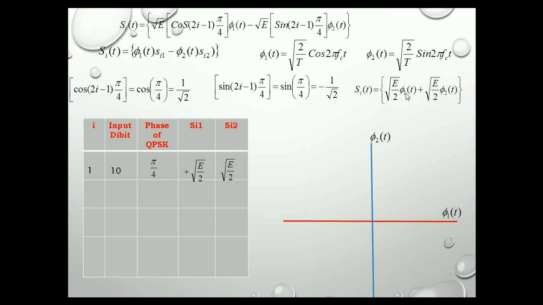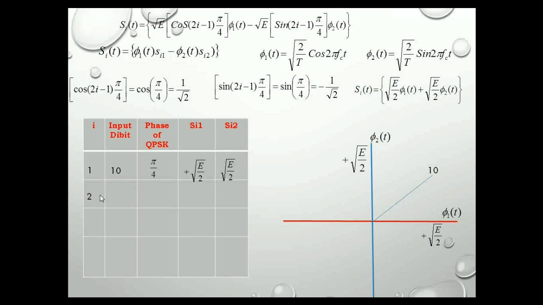So now, with respect to psi1 of t, the magnitude I have is plus square root of E divided by 2, and with respect to psi2 of t, we have the magnitude as square root of E by 2. So we can mark the point, and that is the representation of 1, 0.